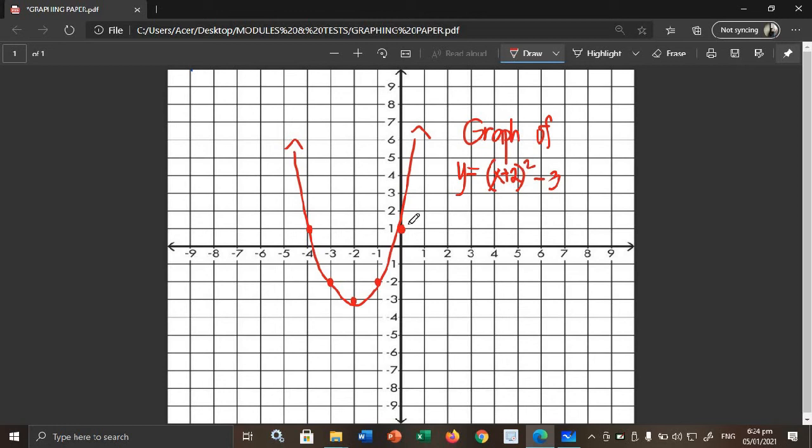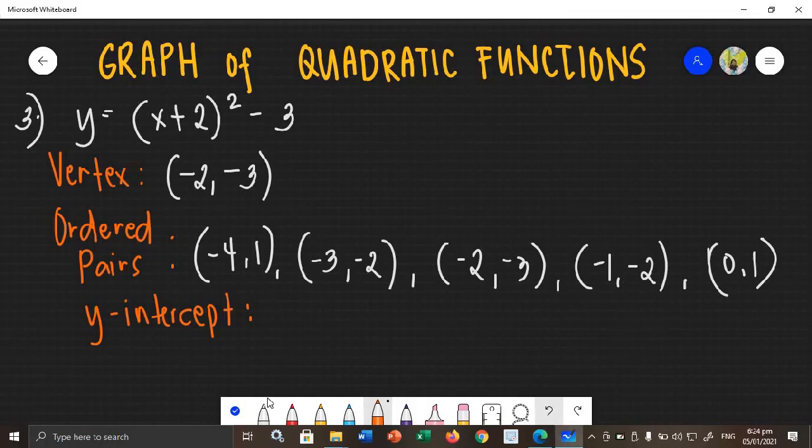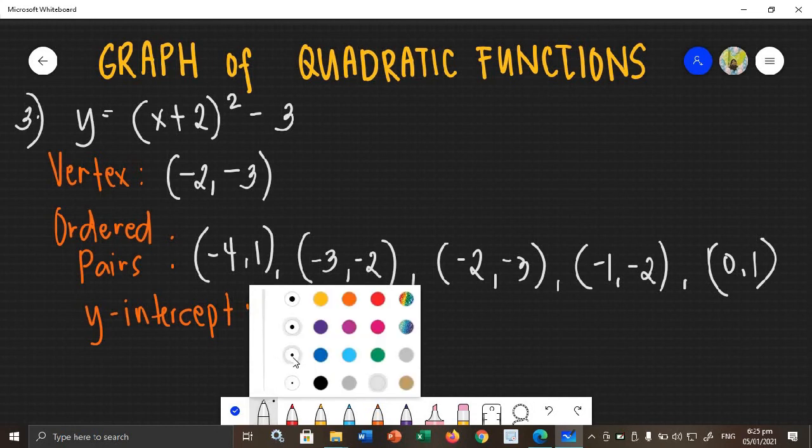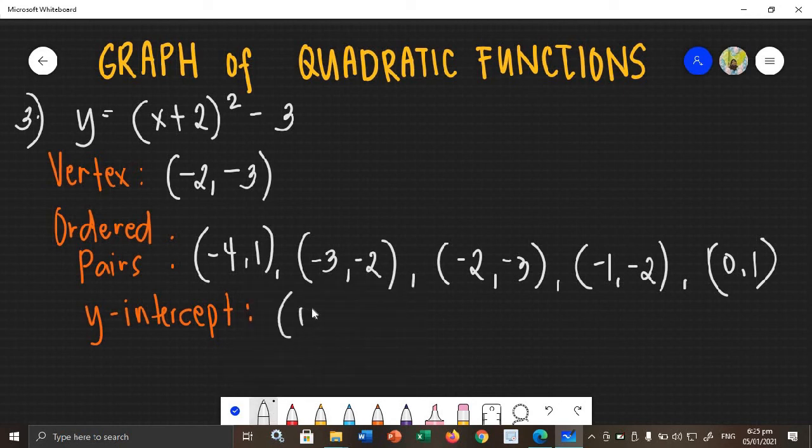But then meron tayong point na dumaan doon sa y-axis, which is this one, 0, 1. So, yun yung ating y-intercept. So 0, 1. We do not have x-intercept. So that is how you graph quadratic functions in vertex form.